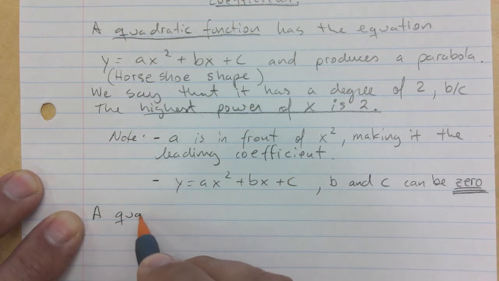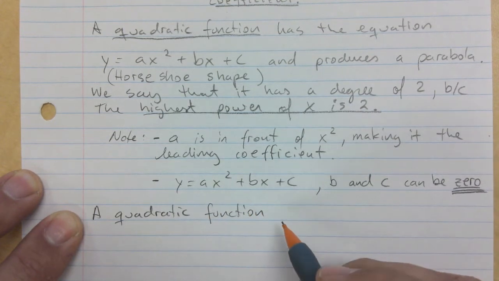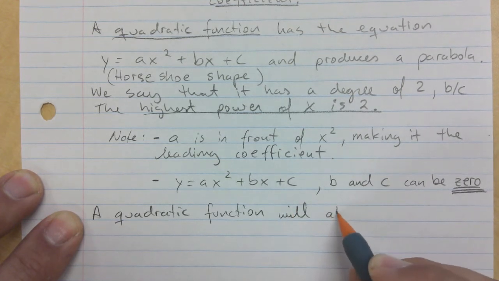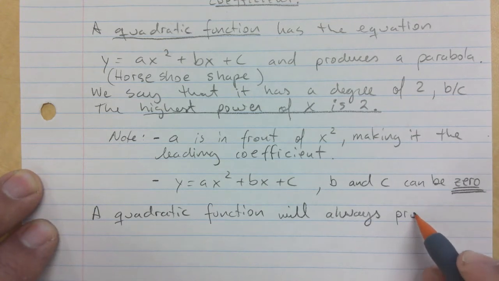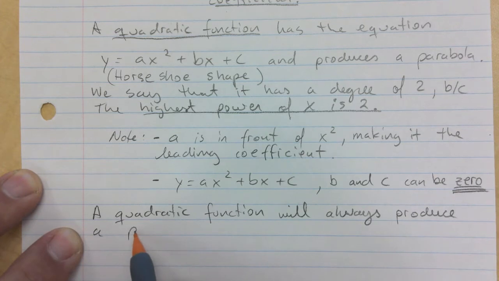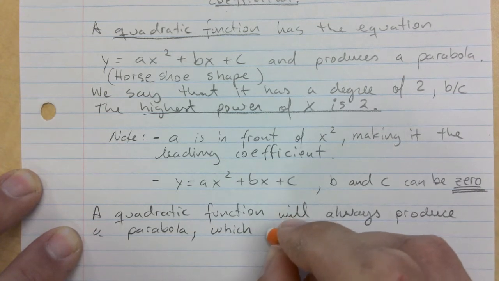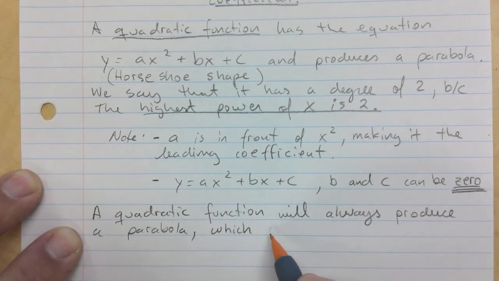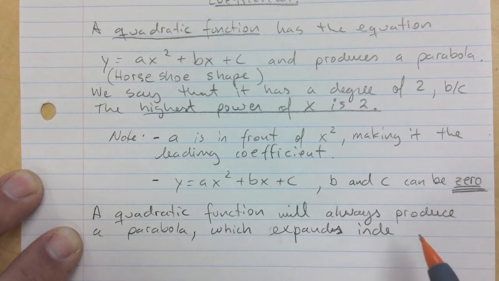A quadratic will always produce a parabola, comma, which expands indefinitely.